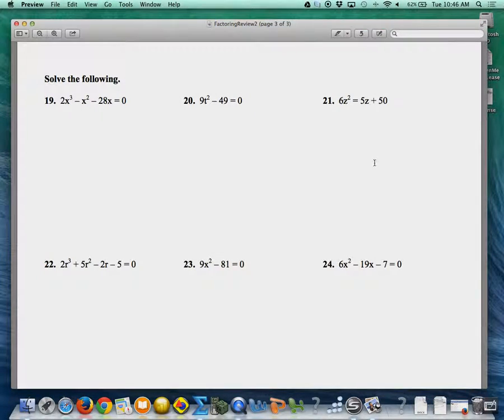You ready? Okay. Problem 19. Well, actually, you guys tell me on this page which ones you want to do. I will do 3 with you. Could we only do the evens? No. Which 3 would you like me to do with you? 20. Okay, I heard 22.